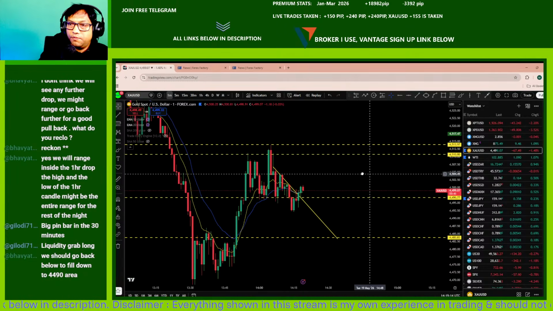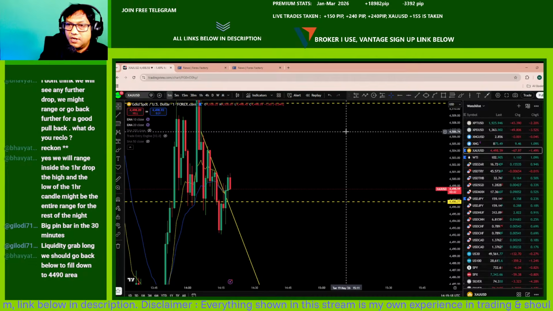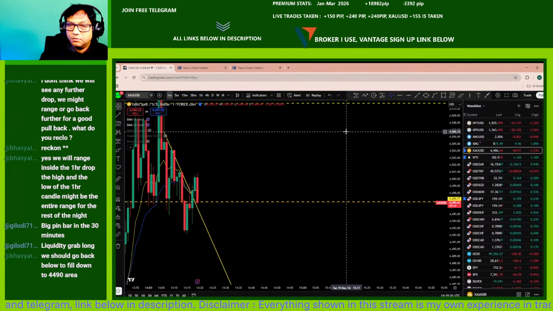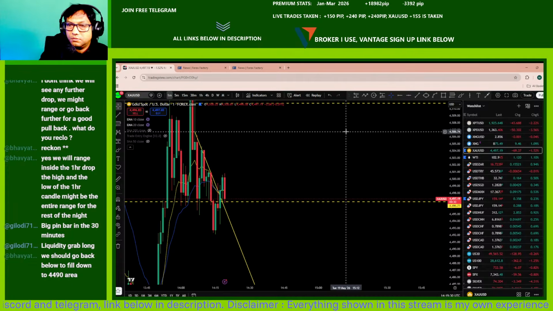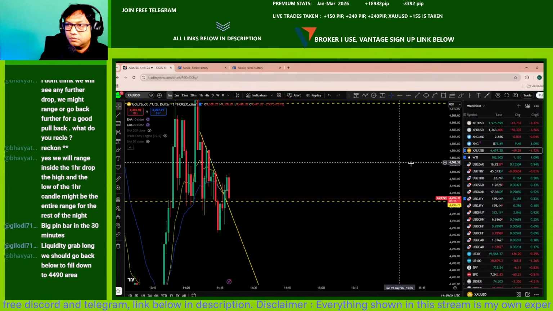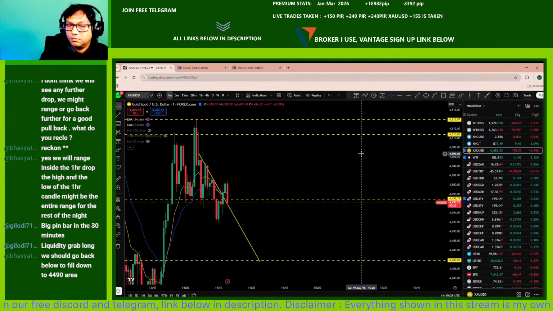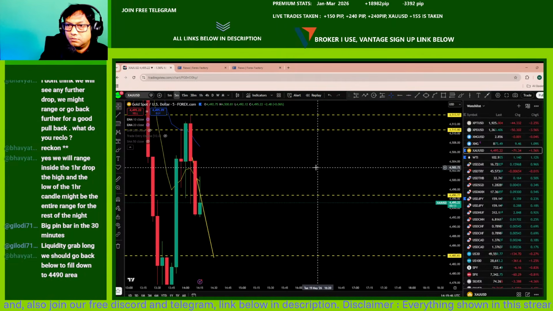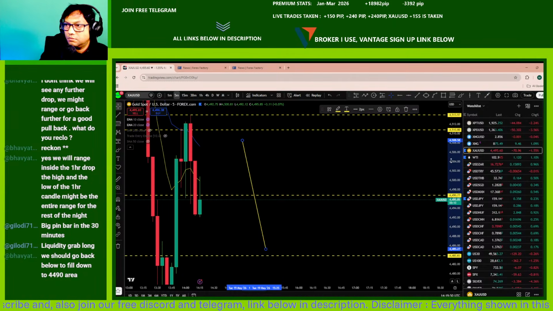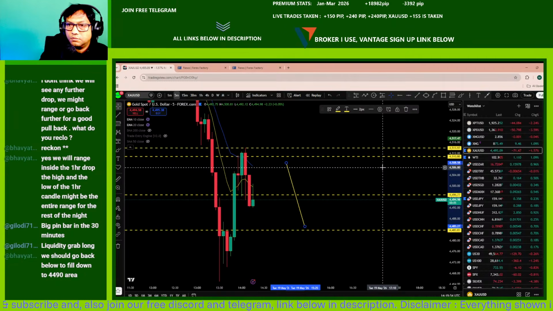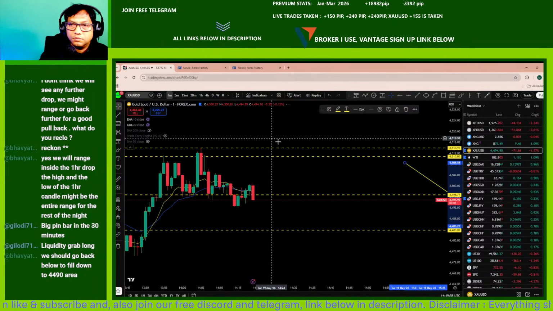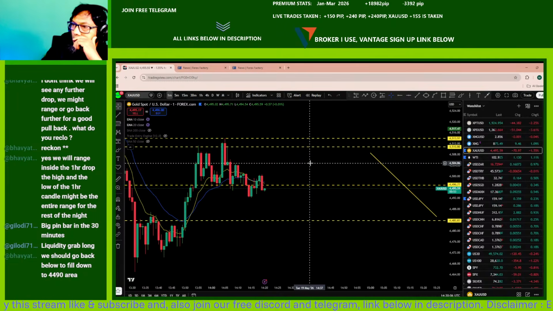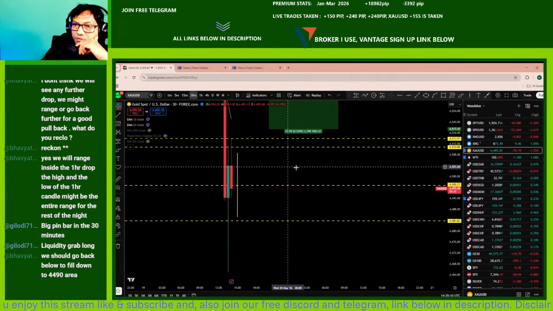And that's very important, to see how the market reacts to that level. We have 10 minutes remaining for this price action to close.